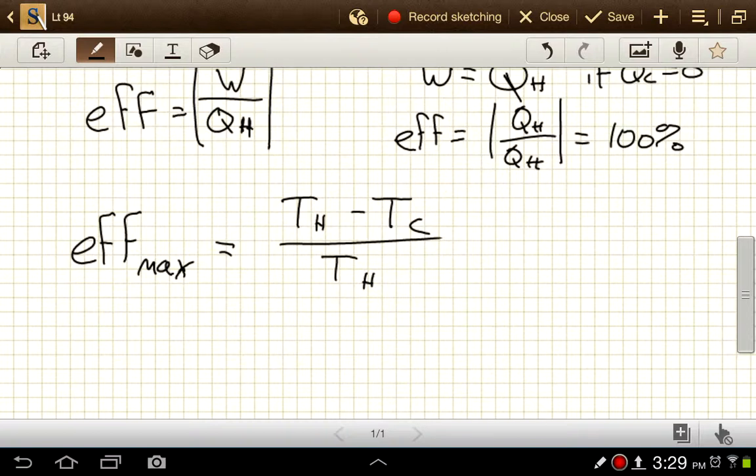So we can see if our surroundings were at a temperature of 0 Kelvin, then our maximum possible efficiency would be equal to TH over TH, which is 100%.